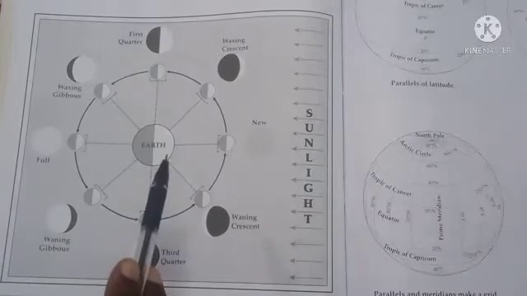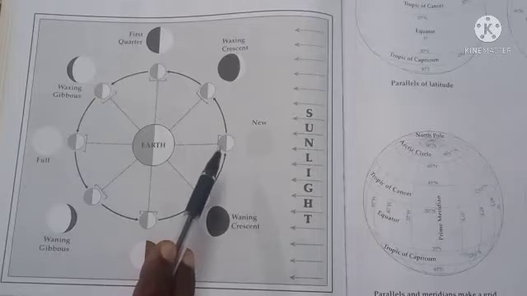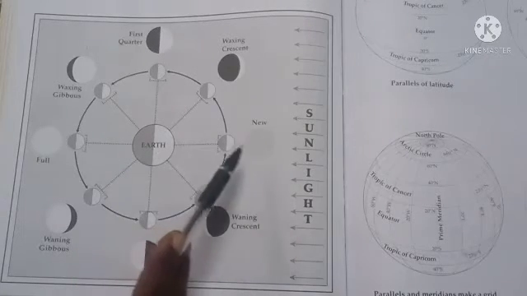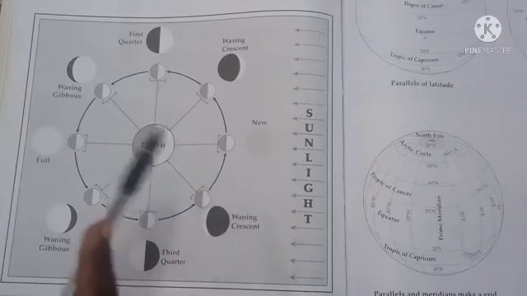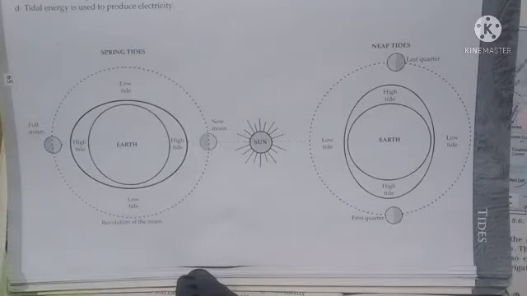And we see this one. On the new moon, we see here earth, moon and the sun. They are in a straight line. Earth, in the middle there is the moon, and we see here the sun. So they are in a straight line. Just have a glance, children.